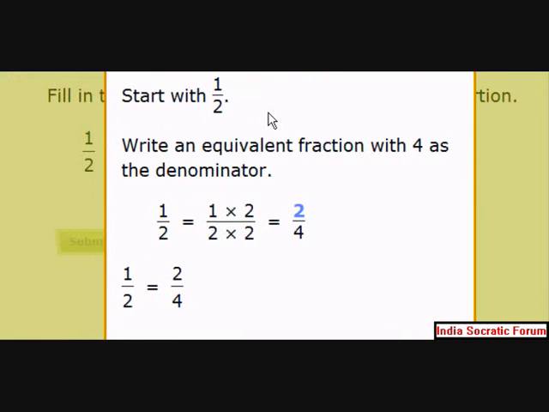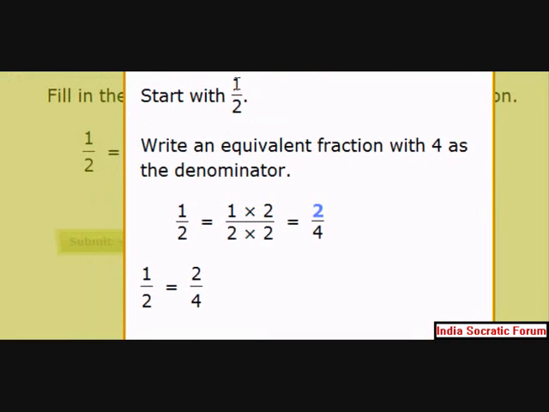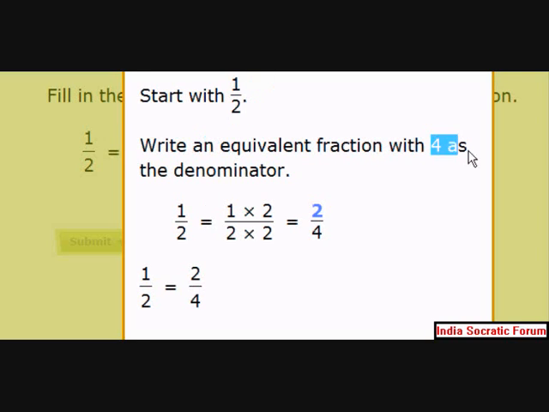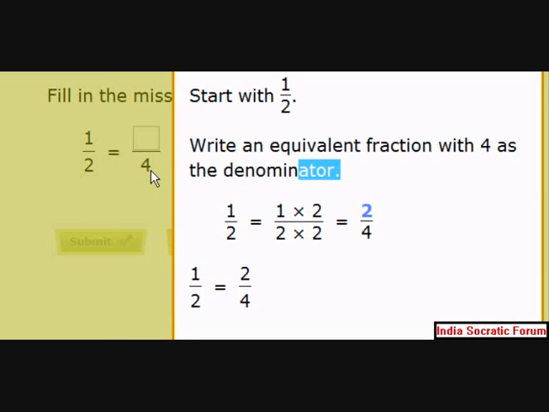We'll start with the whole fraction on the left, that is 1 by 2. Write an equivalent fraction with 4 as the denominator. Because we have 4 on the right hand side, we need what? 2 multiplied by 2 gives you 4.